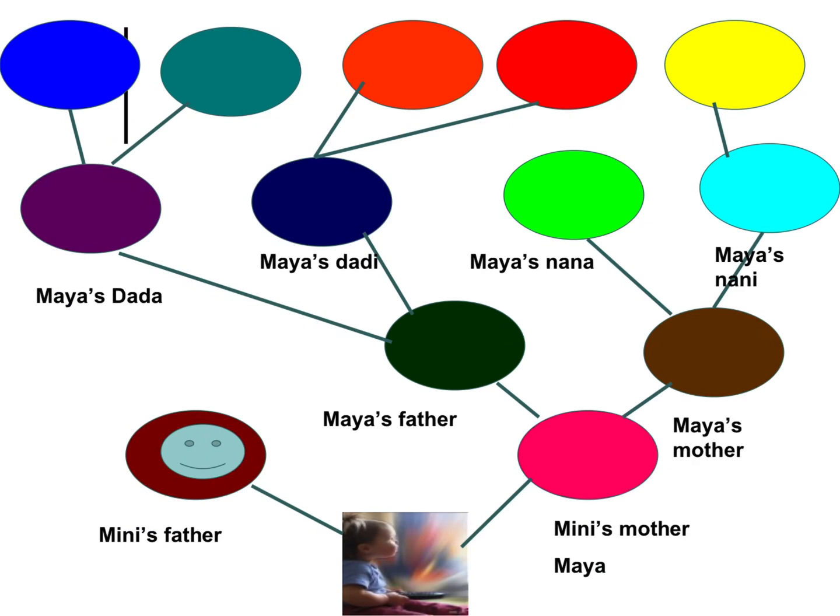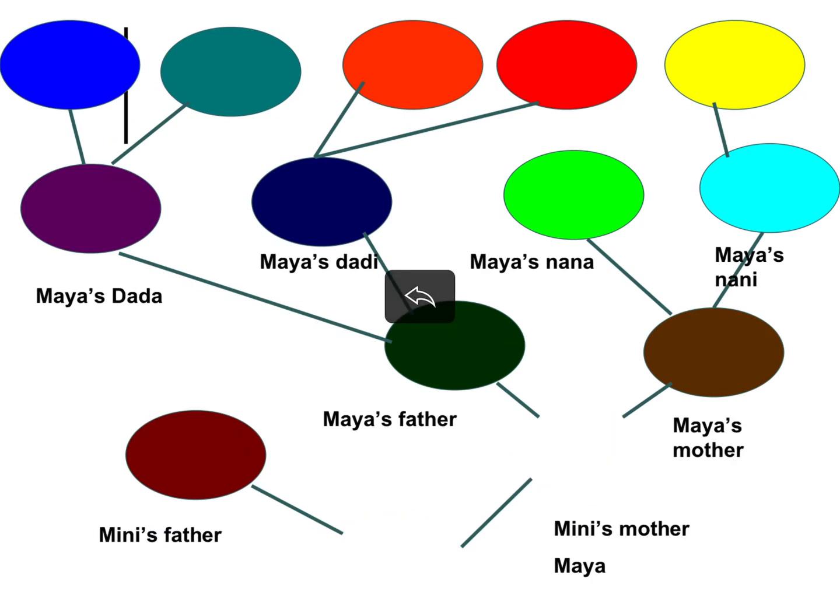Or you can tell here Maya's mother, that is Maya's Nani. From Maya's mother's mother, it is Maya's Nani. Maya's mother's father, that is Maya's Nana. Got it?